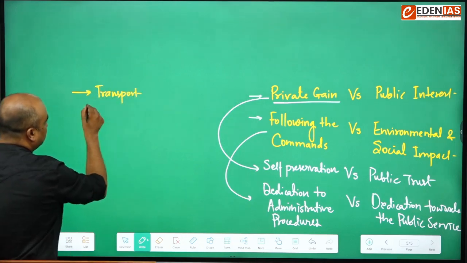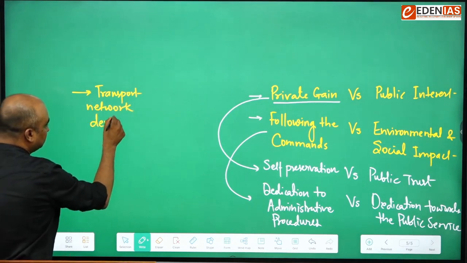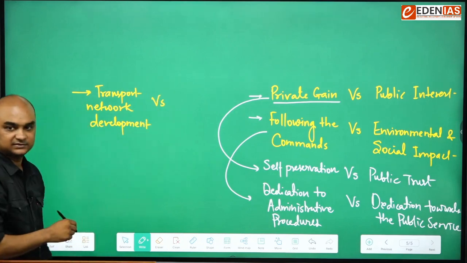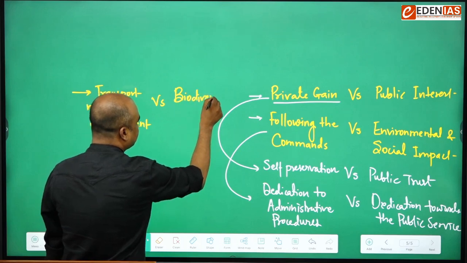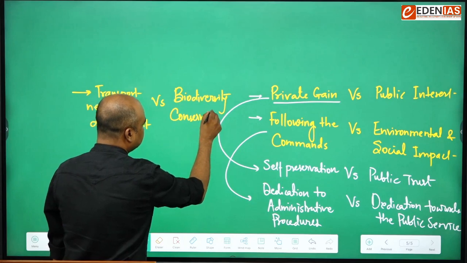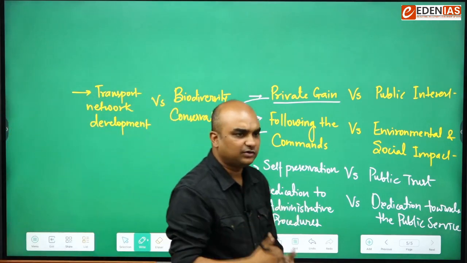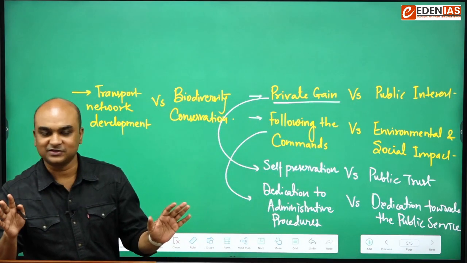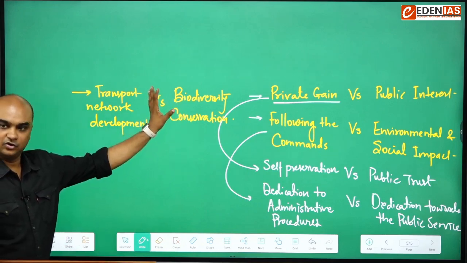Transport network development versus biodiversity conservation. Whatever road you are building, it will add to the transport network. But when you add to the transport network, definitely there will be biodiversity losses as well.